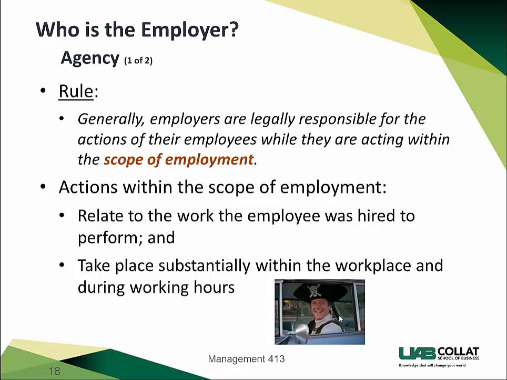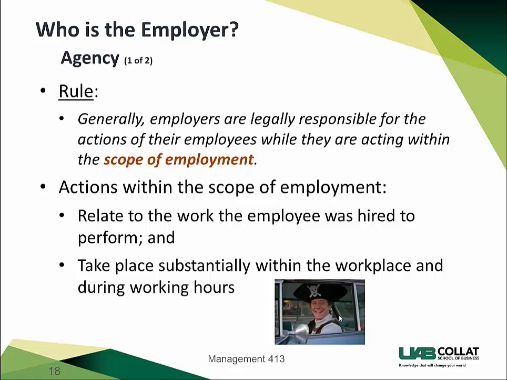The law of agency is important when deciding whether or not there might be liability in the employment context, because an employer will be liable if the worker is an agent acting within the scope of his or her employment.